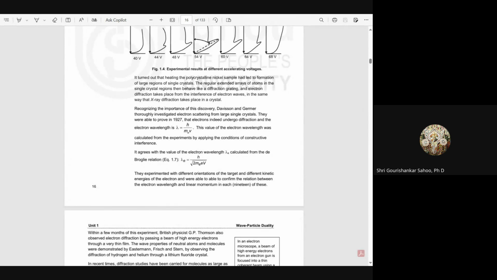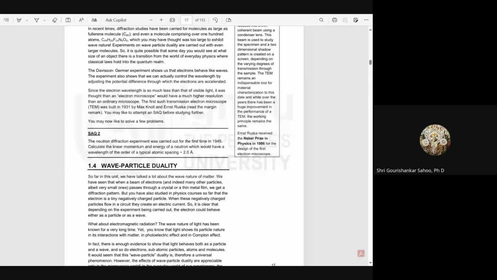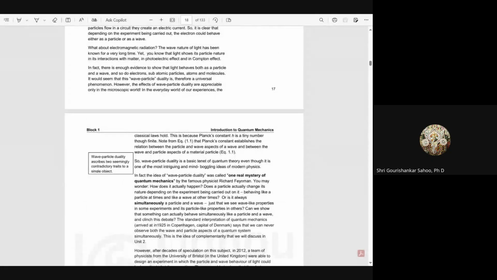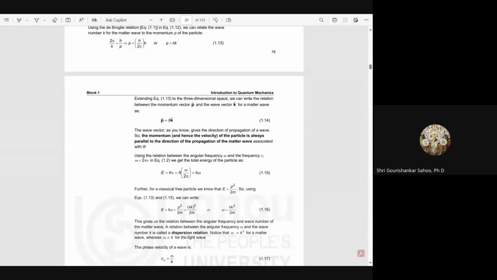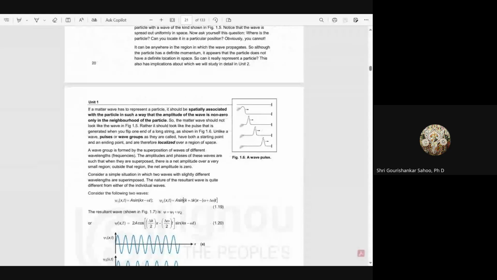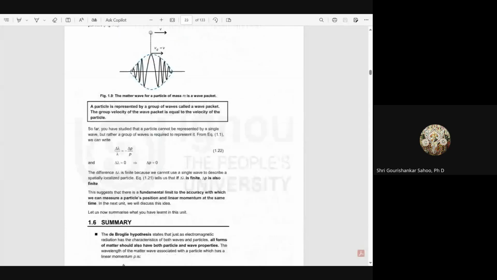And the electron wavelength can be calculated using the formula lambda equals h over root of 2meV, with energy in electron volt units. Then wave particle duality by de Broglie and the concept of matter wave, then phase velocity, group velocity, and so on.